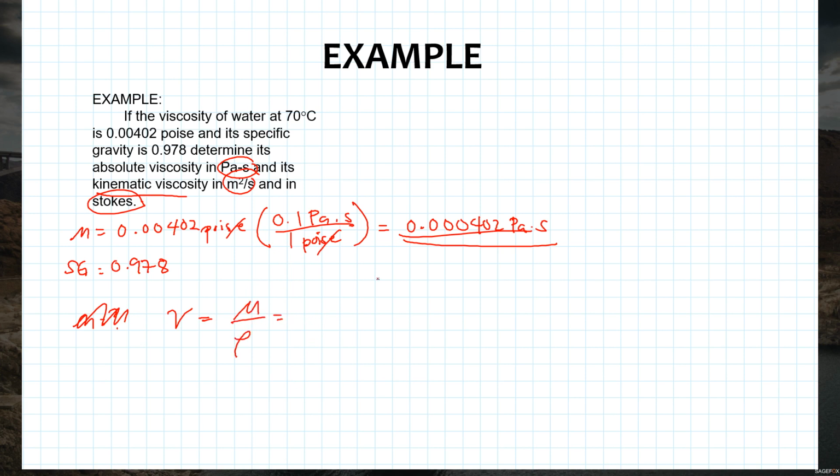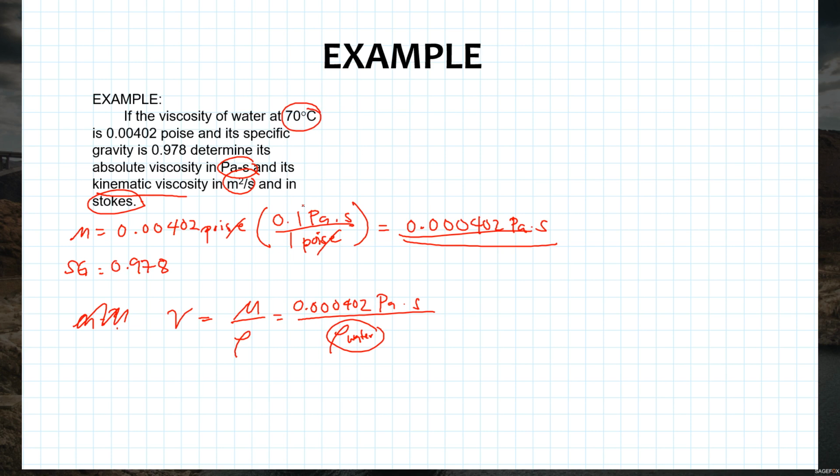So mu, using the Pascal second unit, 0.000402 Pascal second, is divided by the mass density of the liquid, or of the water, but we don't have yet the mass density of water, given that it has a given temperature of 70 degrees Celsius. So if there is a given temperature, it means that we cannot use the standard mass density of the water or the unit weight of water.